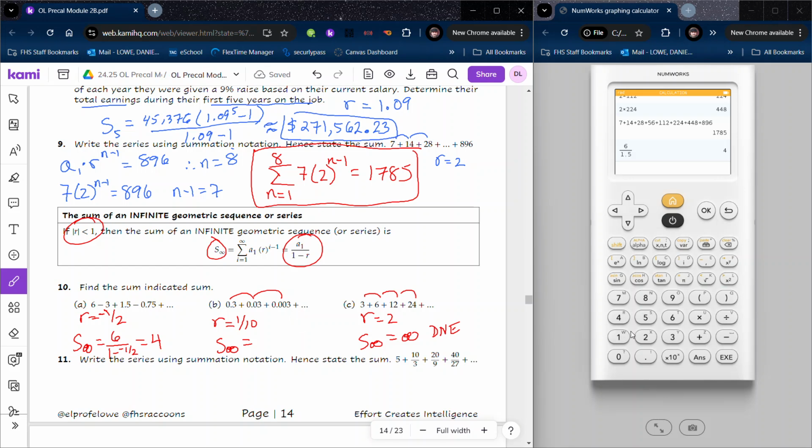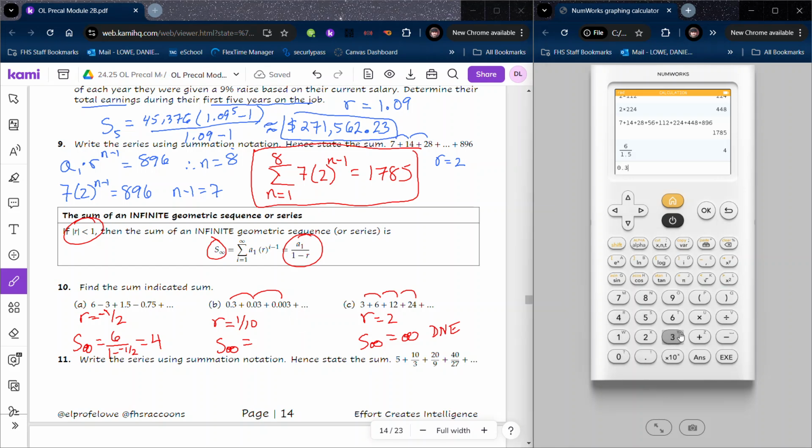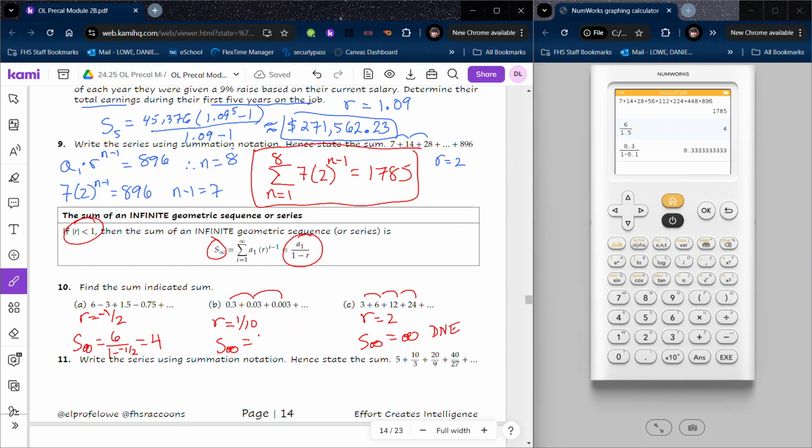For the next one, my first term, 0.3, divided by 1 minus my ratio, 1 minus 0.1, which is 1/10, and that gives me 0.333 repeating, which if we look at this pattern, it seems like that's what it should be. So that sum to infinity is 1/3, which is 0.3 repeating.